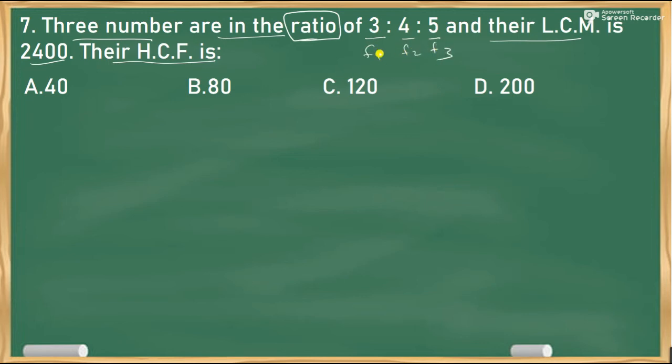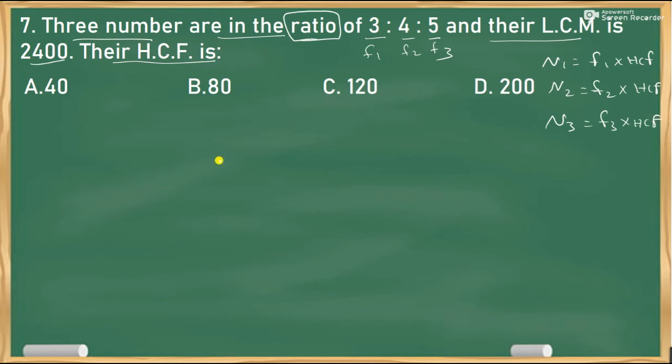Now, always this F1, F2, F3, these are the three numbers, and always they are co-primes, where N1 is nothing but F1 into HCF. Similarly, N2 is nothing but F2 into HCF, and N3 is nothing but F3 into HCF.